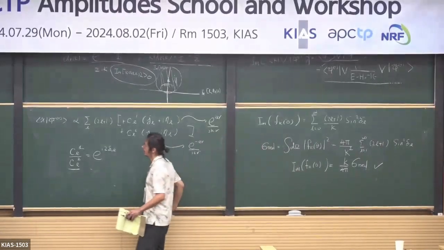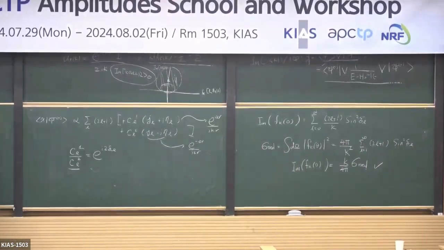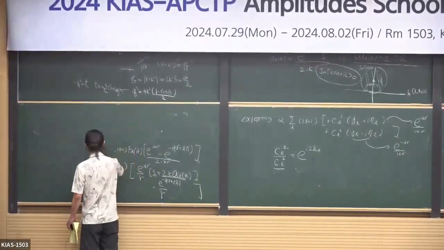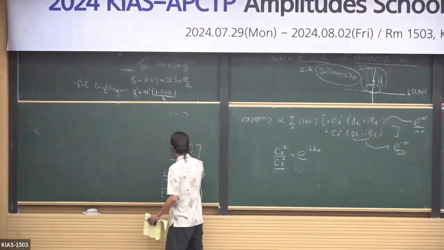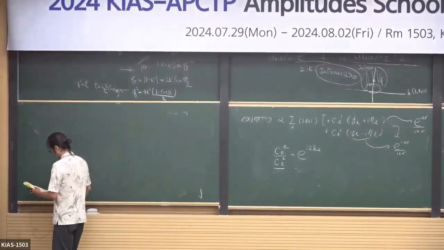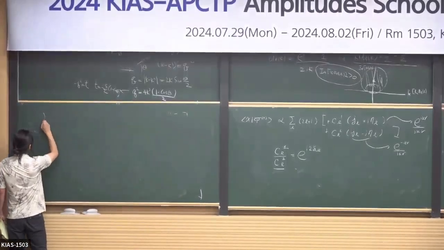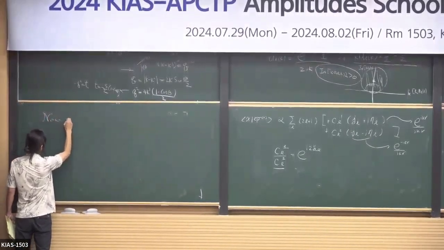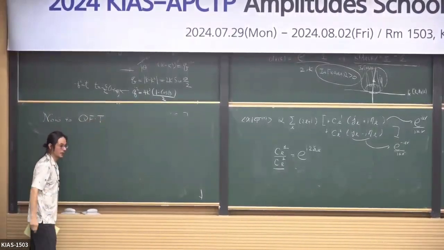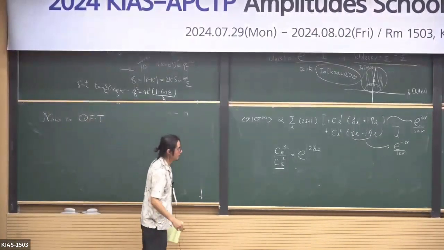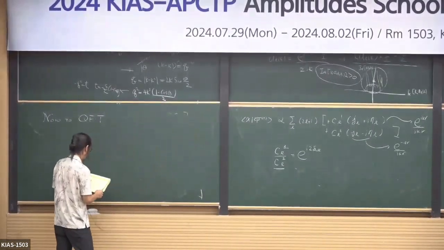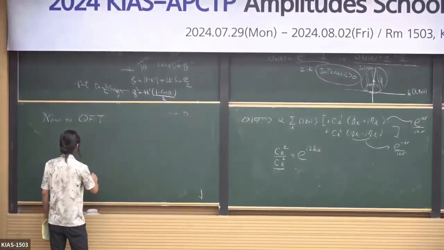Okay, good. So now we go to quantum field theory. Again, what I'm going to try to do is isolate what I mean by the S matrix, or my S function.